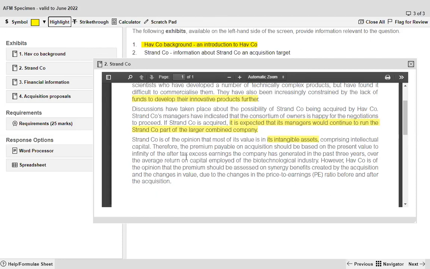Usually this happens with the biotech industry, that they majorly have intangibles. That's the major thing that they have.